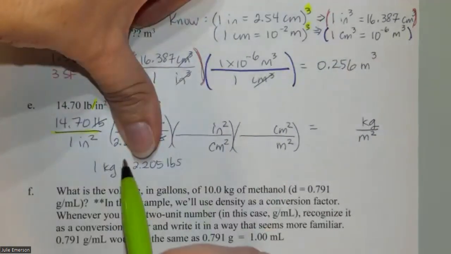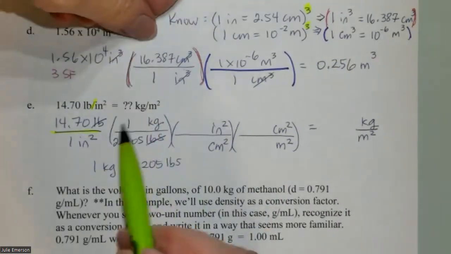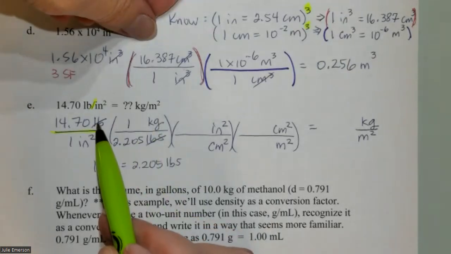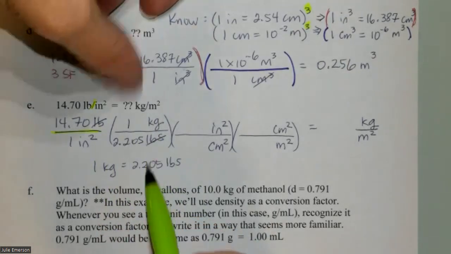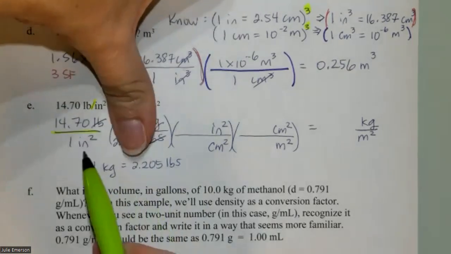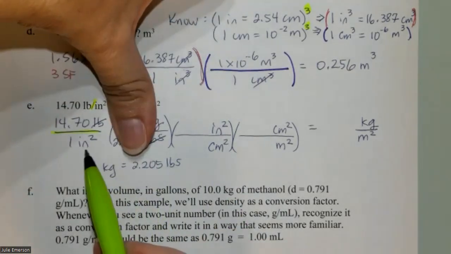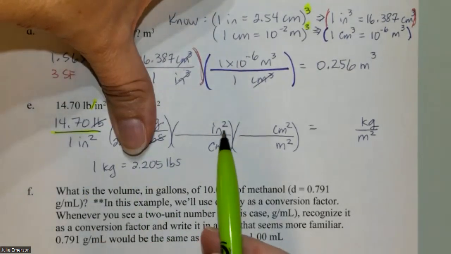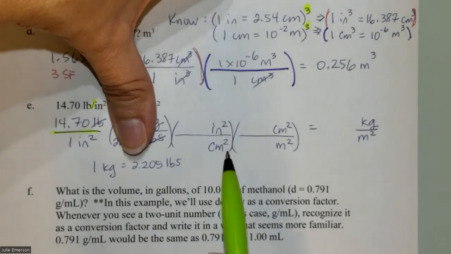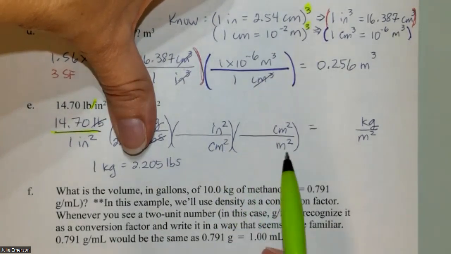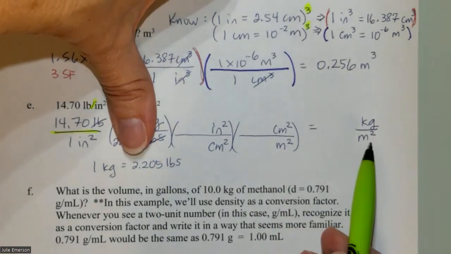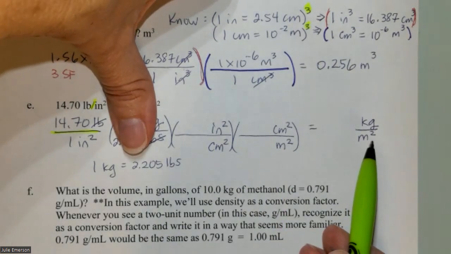All right. So that first conversion was for the mass unit, getting rid of pounds, going to kilograms. Now we're going to cover that and deal with the area. Inches squared, top and bottom, cancel, go to centimeters first, then cancel centimeters squared and get to meters. And meters squared is going to be on the bottom like it should be.